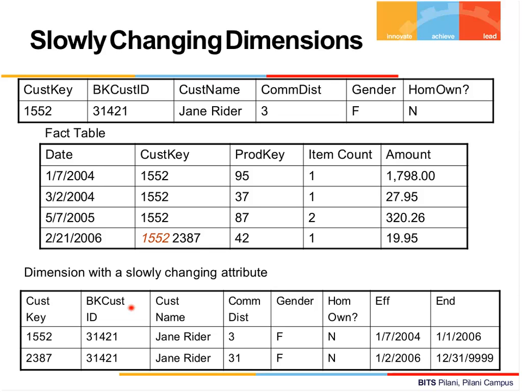When data comes to the staging area, it will probably have just the natural keys. When you are storing into the dimensional table, that is when you generate these surrogate keys. We're going to talk about this in detail in the ETL lectures, but as you're asking, I have to explain to that level. Hope it is clear, Aditya.